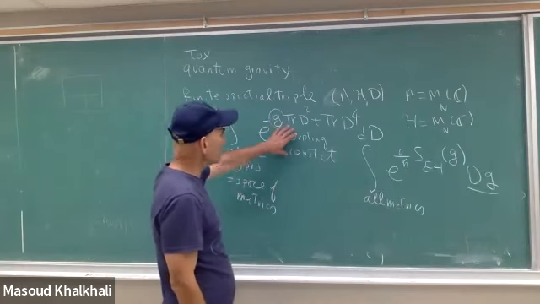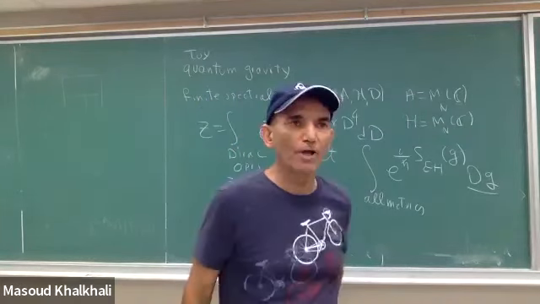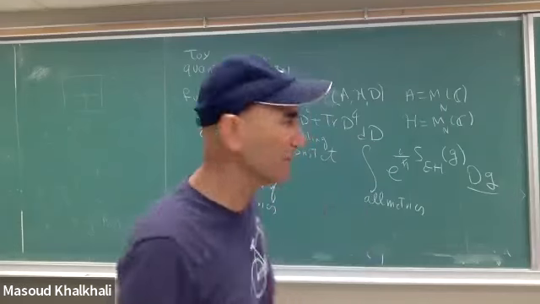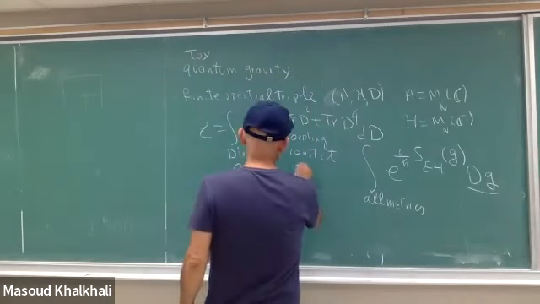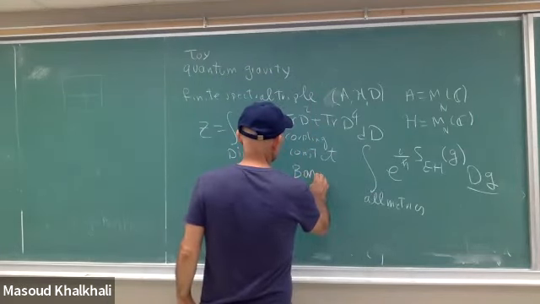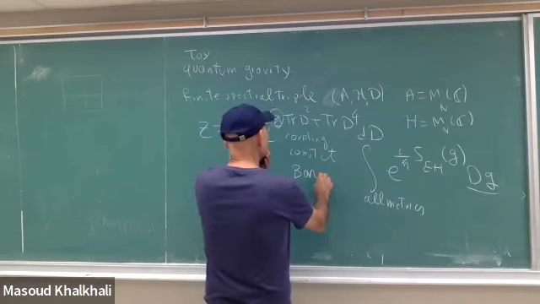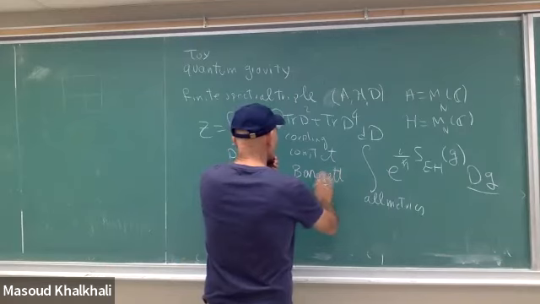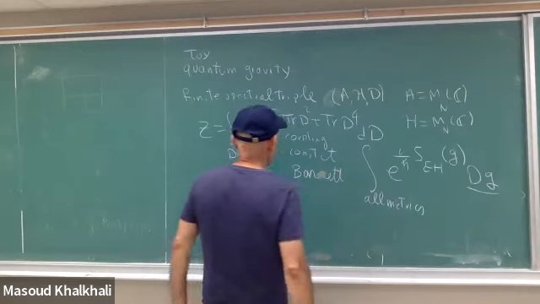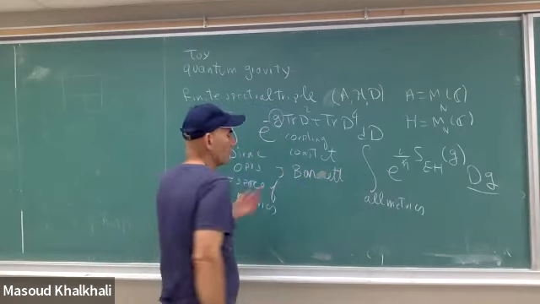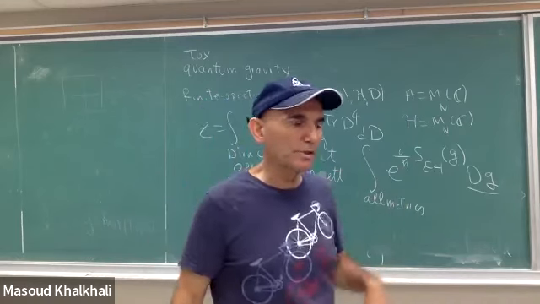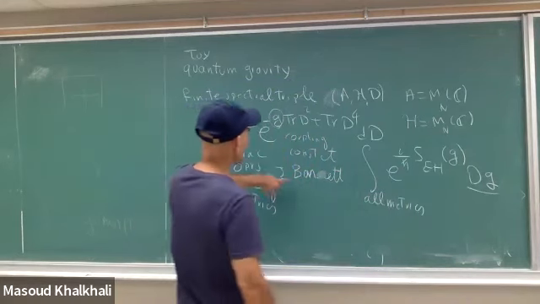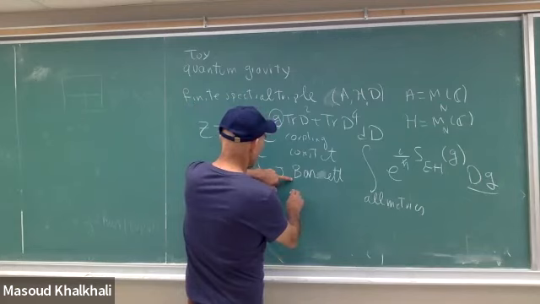So this model, I was kind of lucky. I was in a talk by John Barrett. So John Barrett was at Perimeter Institute, he was talking about these things and he was explaining his work with L. Glaser.